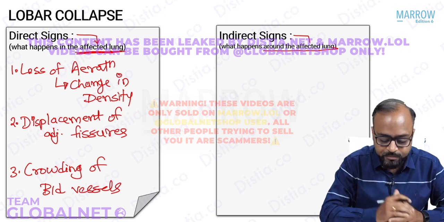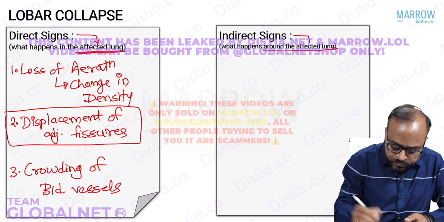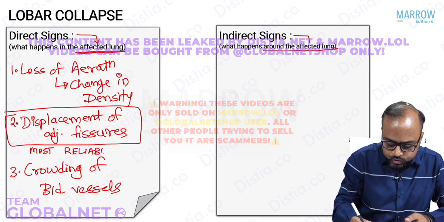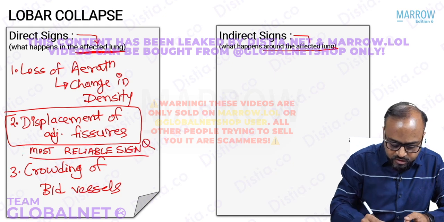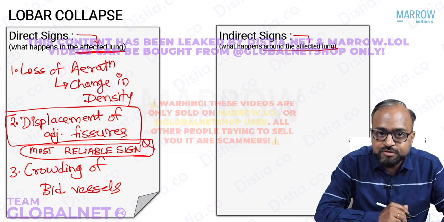In these signs, remember, it is this sign of displacement of adjacent fissures that is considered to be the most reliable chest x-ray based sign of lobar collapse. So this is another potential MCQ. What is the most reliable sign? It is displacement of adjacent fissures.